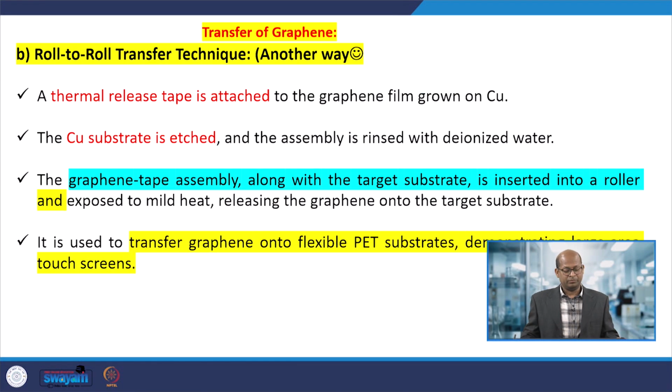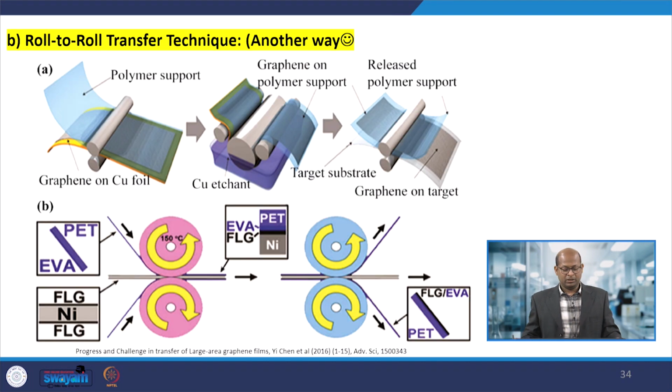So this way graphene is formed and then transferred, and another one is the roll transfer technique. This is another way. Here also we develop graphene over the copper substrate, and then the copper is etched out. In this case we need a polymeric support, and graphene on the copper foil is there.